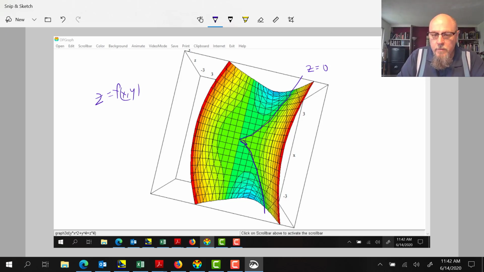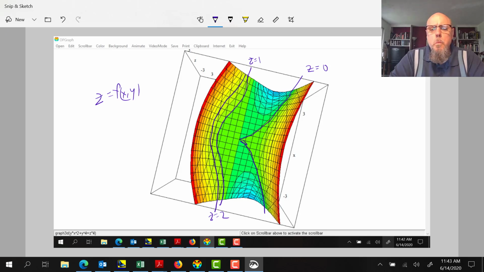This one will be the level curve when I set z is equal to 1. And this one, follow that level curve, would be like the z is equal to 2 part. So they're level curves. They're slices at different heights.